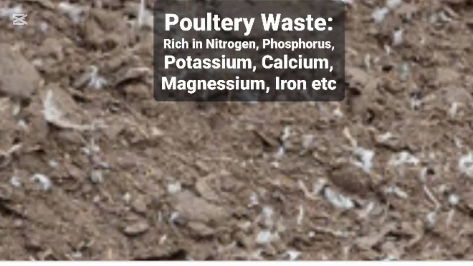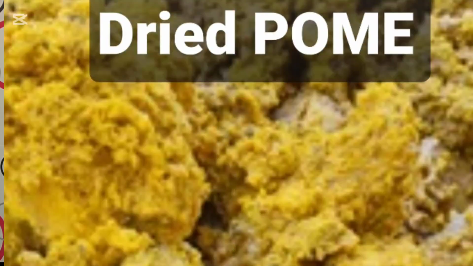Of course, there are so many things you can deploy in the formation of manure. Some like animal dung, we talk about poultry waste, we talk about piggery waste, we talk about cow dung, we talk about goat dung. We equally have to talk about leaf clippings. We talk about other things like the shell of an egg, talk about straw. There are so many of them.